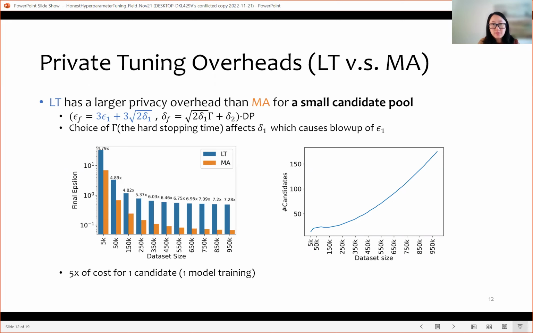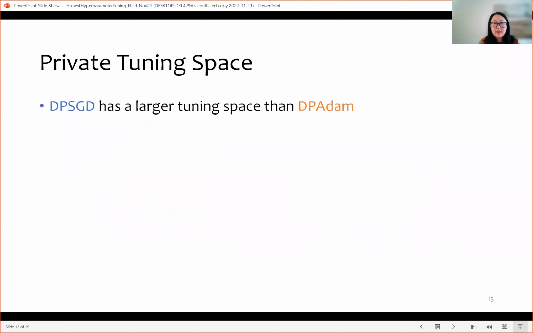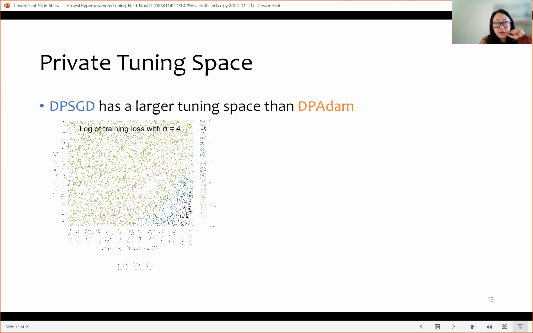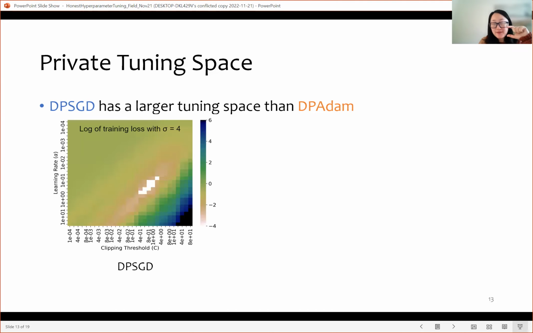adaptive optimizers. So to understand this problem a bit more, we look at a representative adaptive optimizer and a representative non-adaptive optimizer in the private setting. So for differentially private SGD, which is a representative non-adaptive optimizer, it can have a larger tuning space than DPAdam. So here is a visualization of the tuning space and the behavior of the tuning space of DPSGD.